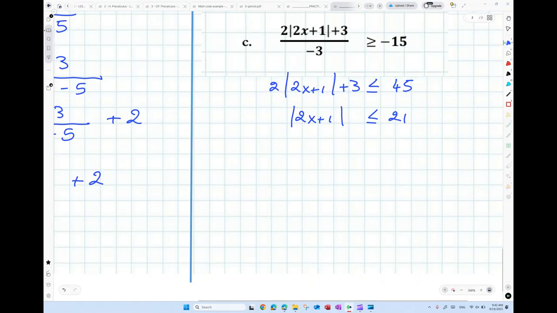Now remember, once you have an absolute value equation or inequality, this is when and only then that you can break it up into two possible equations, or inequalities in that case.